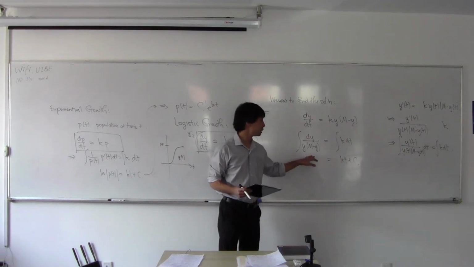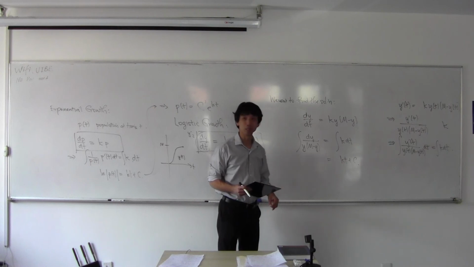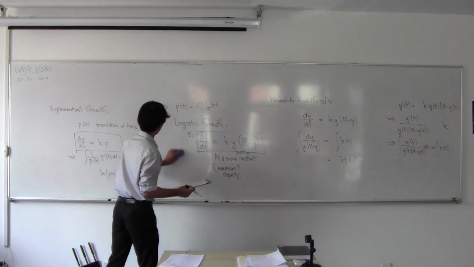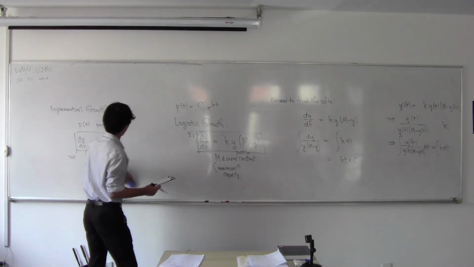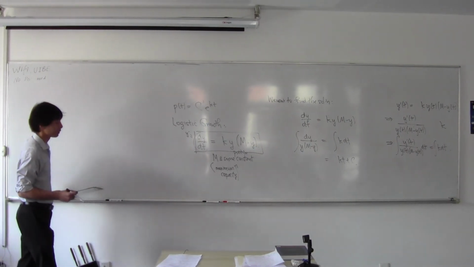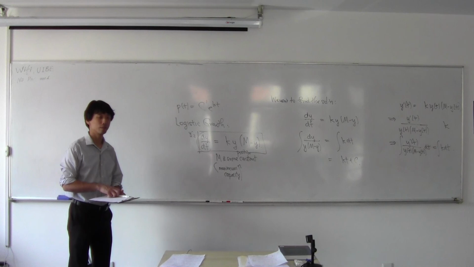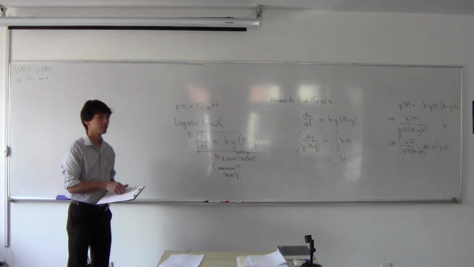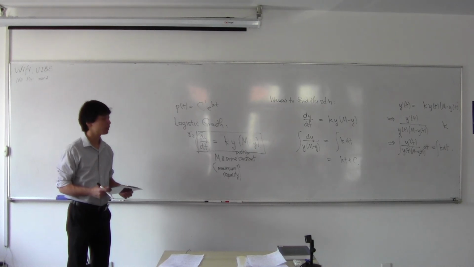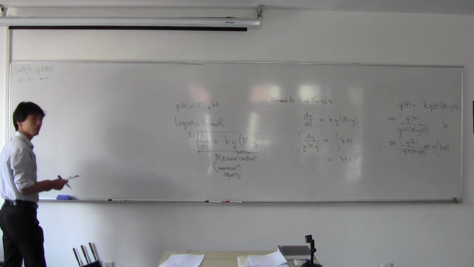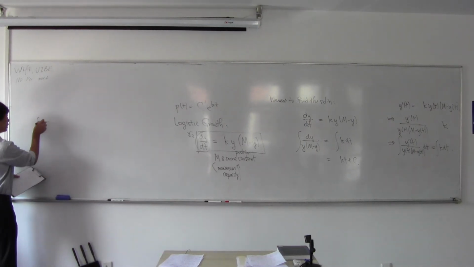How do you integrate something like this, dy over y times (m minus y)? Does anyone know? You should know. Maybe it doesn't look familiar because it's in y.